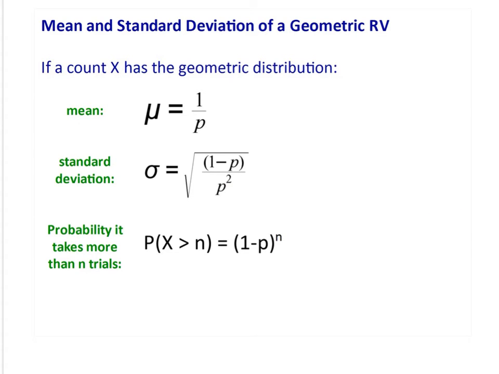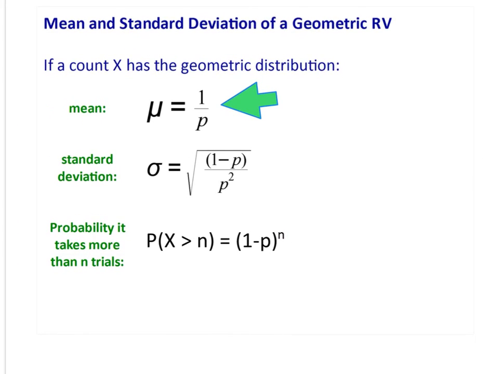So just like binomial and just like discrete, we can also find mean and standard deviation for geometric random variables. The mean of a geometric random variable is mu equals 1 over p, or 1 over the probability. The standard deviation is the square root of 1 minus p over p squared.